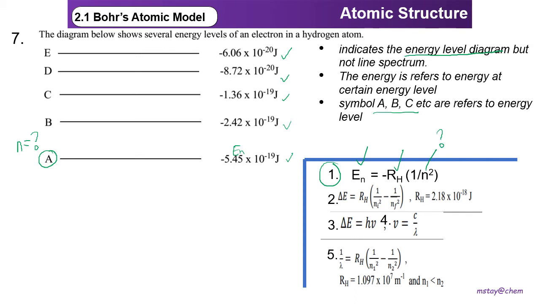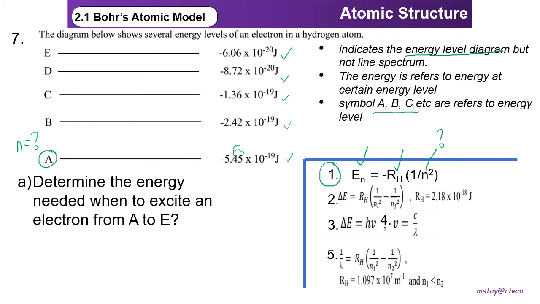Just substitute the energy into the first formula, then you will be able to determine the energy level for each of these symbols A, B, C, D, and E if you want to know. But for this question, I think we no need to do so. Let's look at the question.